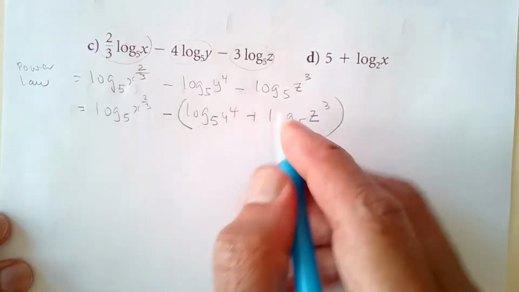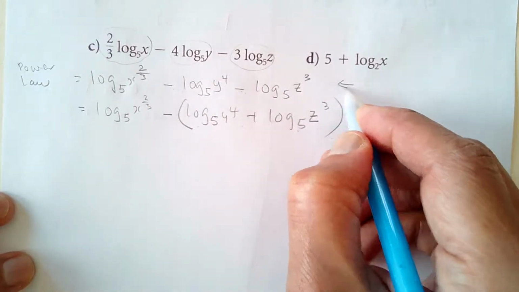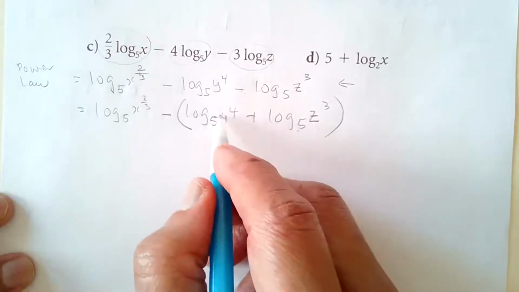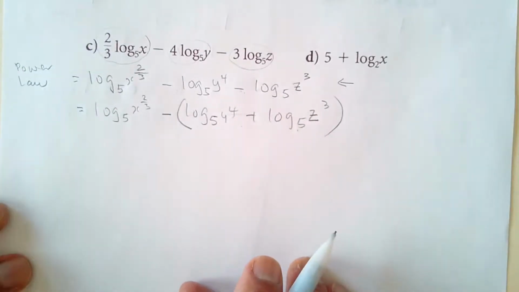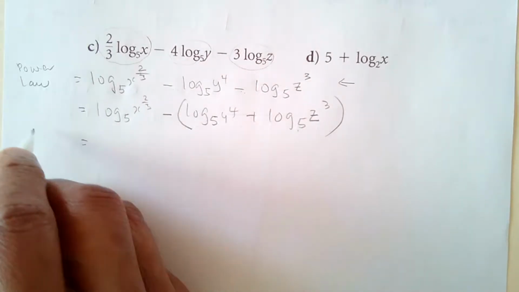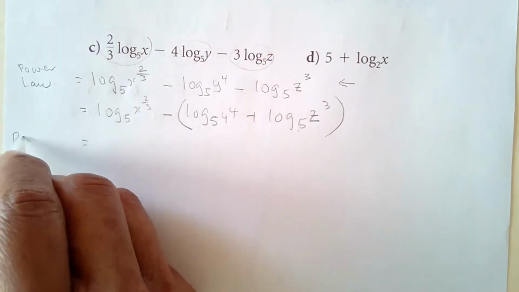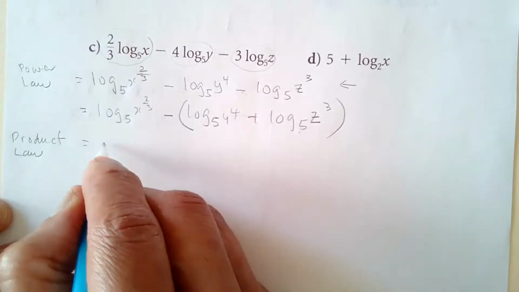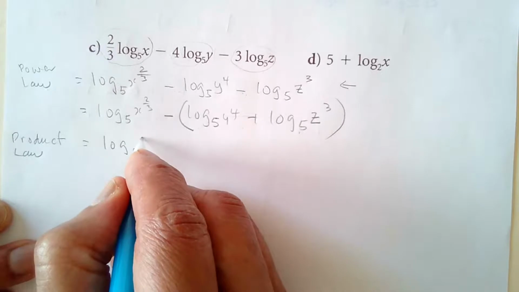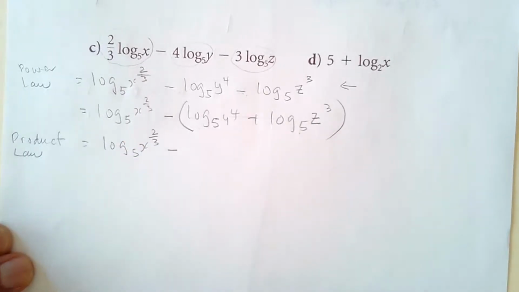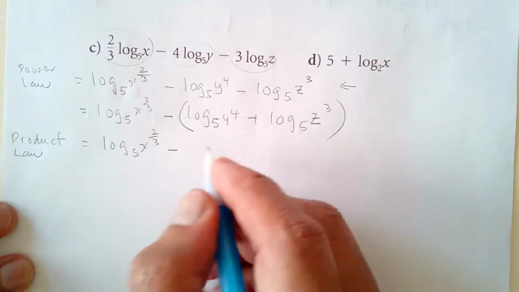So in this case, the first step here, we have the power law. Now here we're combining two expressions, and next we are going to apply the product law. So we have log 5. Notice we have a negative, so we'll end up using a quotient law also.